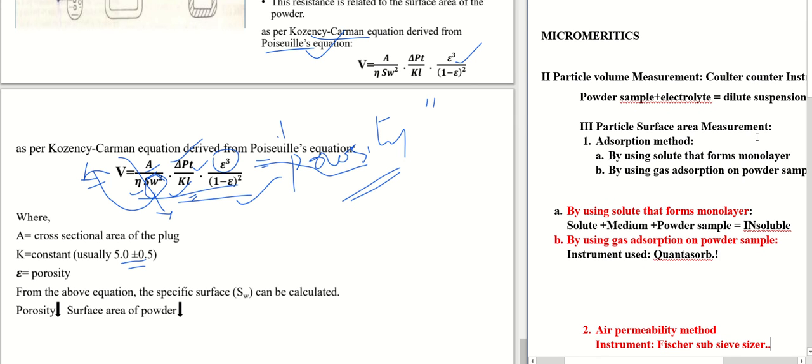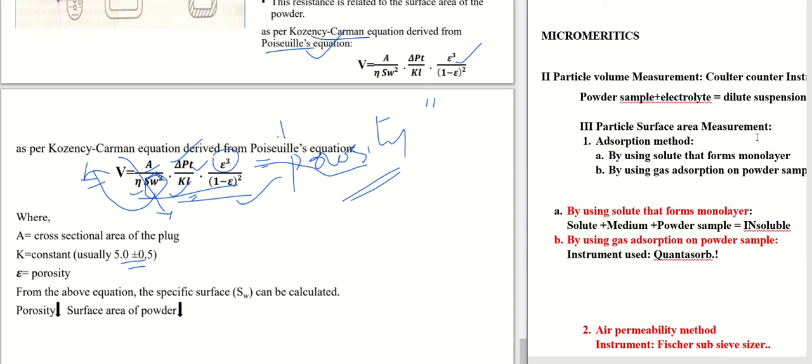Based on the type of instrument we use, we need to prepare our sample. For example, for the Coulter counter instrument, we cannot use a dry powder sample, right? We need to mix it with electrolyte and then take that as a sample.